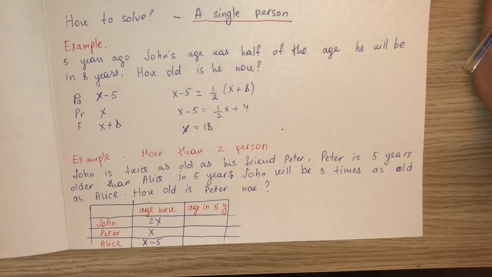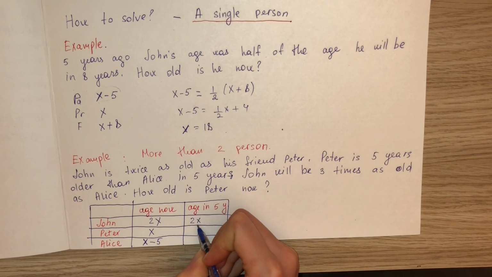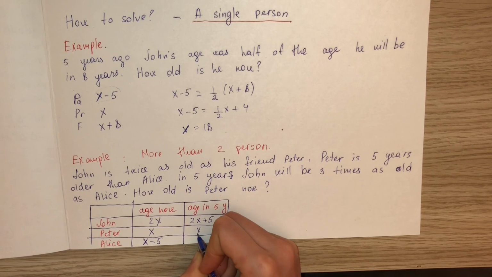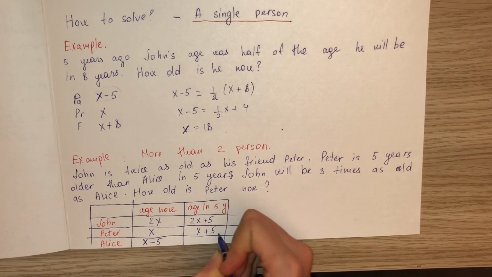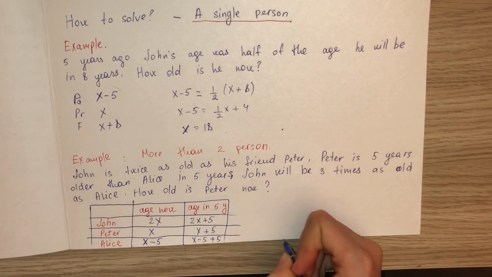And in 5 years, John will be 3 times as old as Alice. In 5 years, John will be 5 years older. Peter also will be 5 years older, and Alice also will be 5 years older.